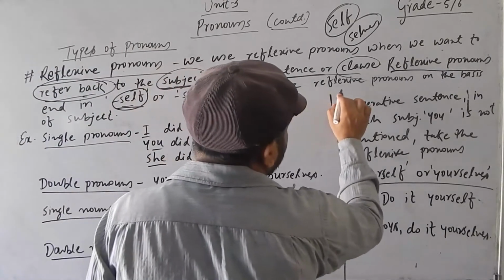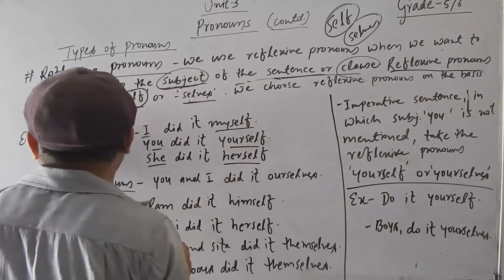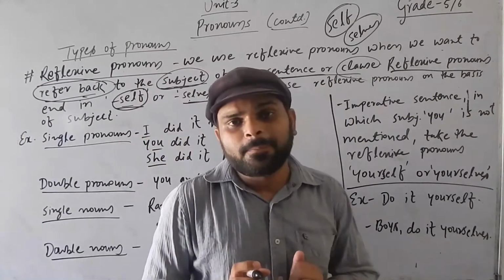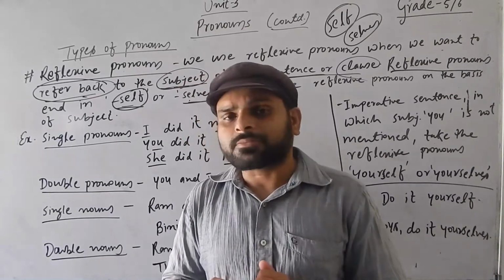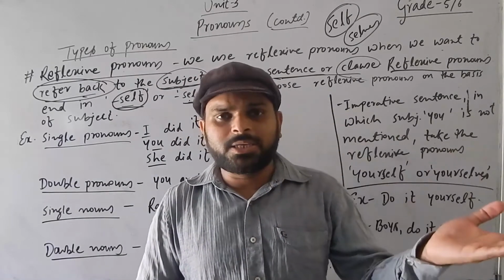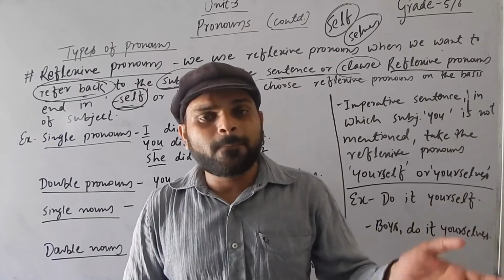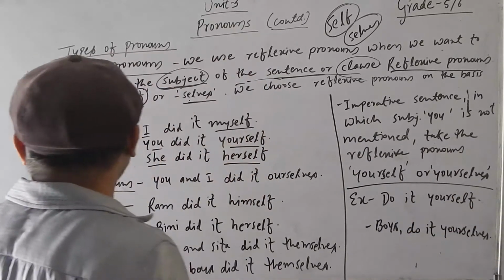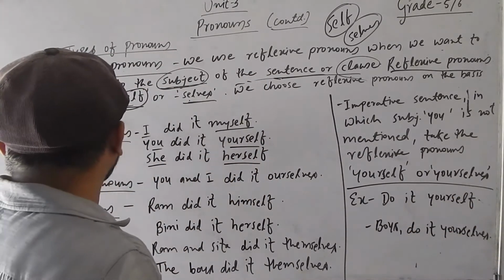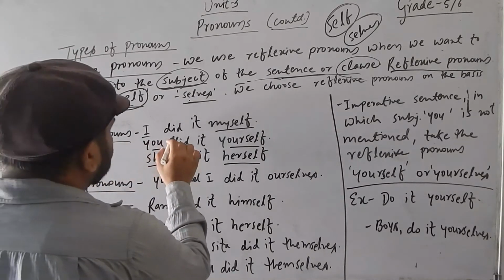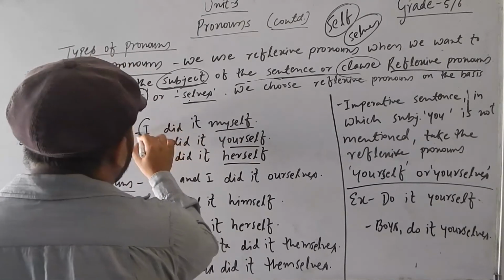Next, we choose reflexive pronouns on the basis of the subject. Myself, okay, you, yourself. Likewise, you have to recognize a few single pronouns. I did it myself. Why?